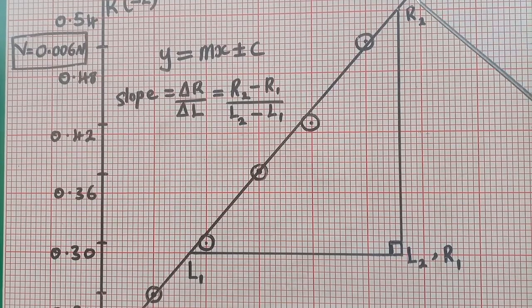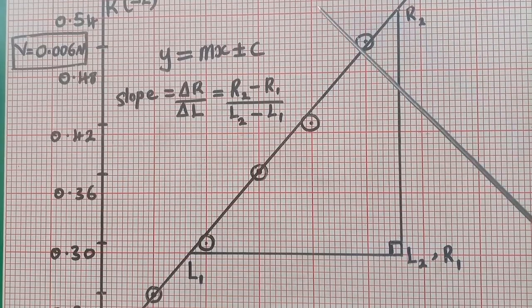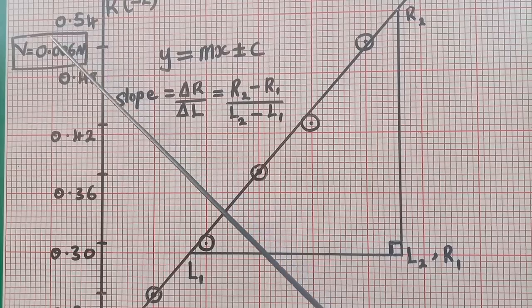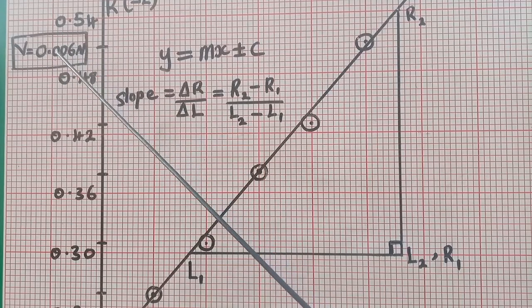Let's make progress. So far, R2 is 0.54, both by calculation and by coincidence. Then R1 is equal to 0.32.